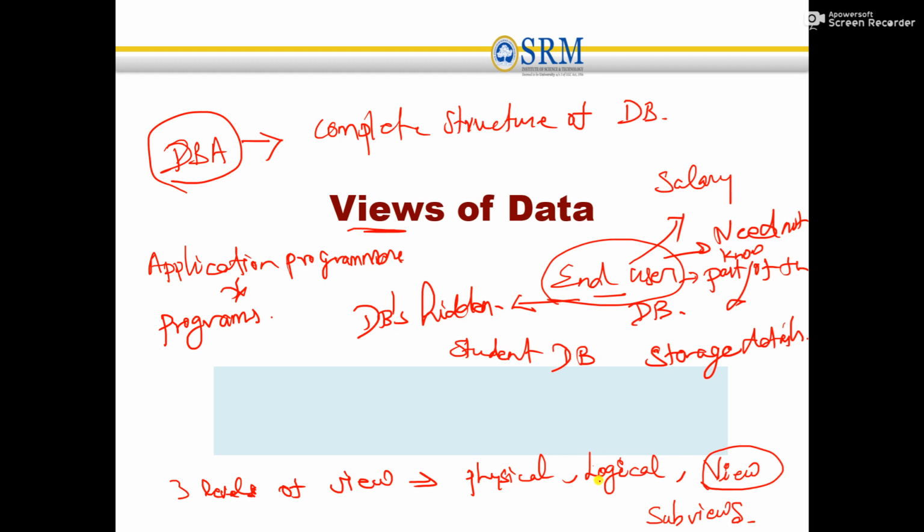Whereas the logical view provides a higher perspective to the users about the database. It also hides certain information from the users, for example the storage structures and other details.